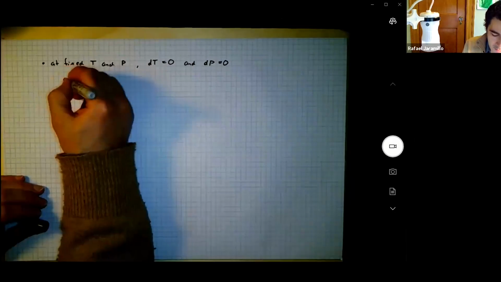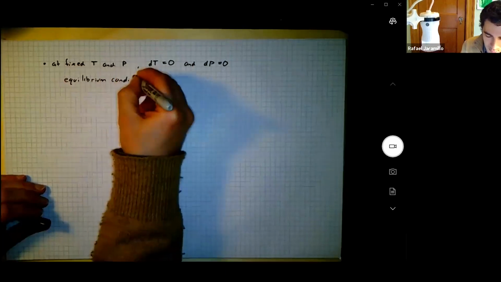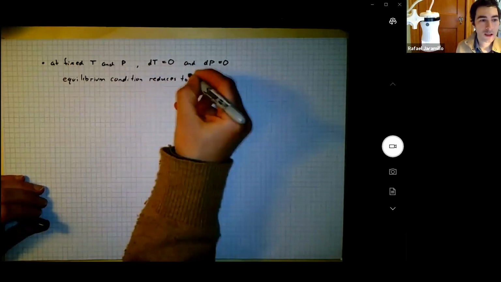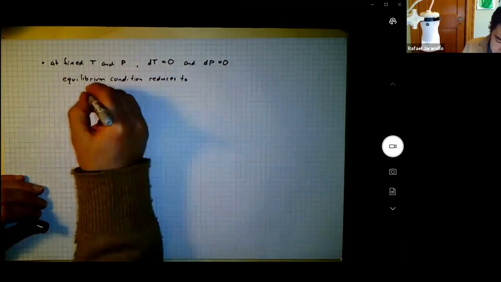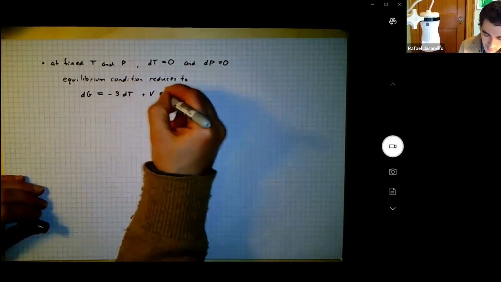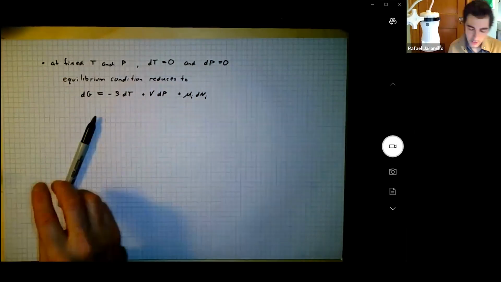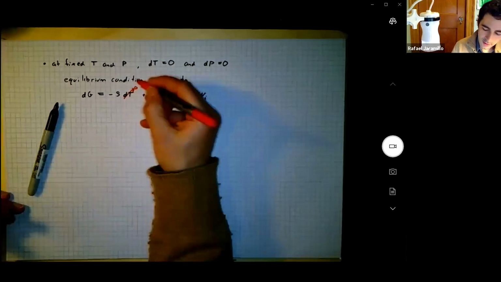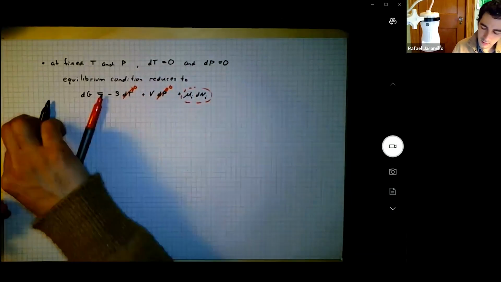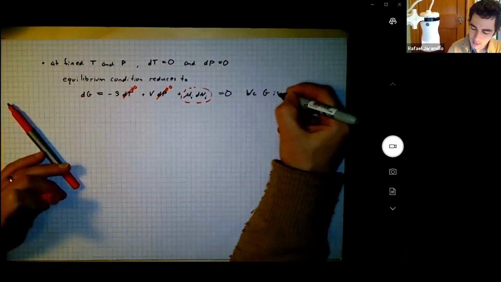That means the equilibrium condition reduces to dG equals minus S dT plus V dP plus the sum of mu_i dn_i. And we're holding those fixed. That means it basically reduces to this equals 0, right? Because G is at a minimum at equilibrium.